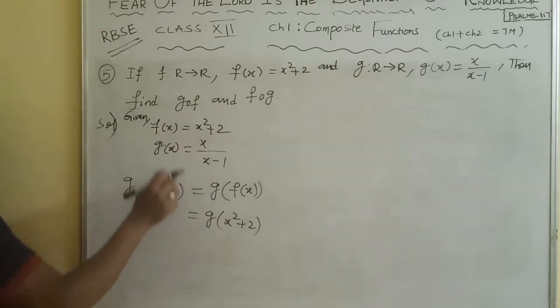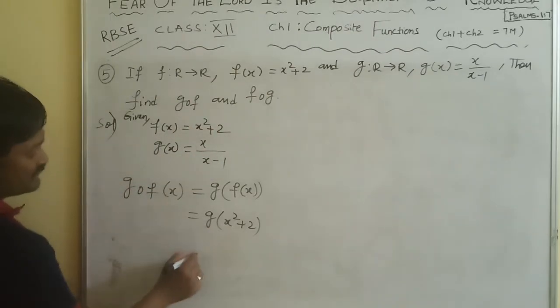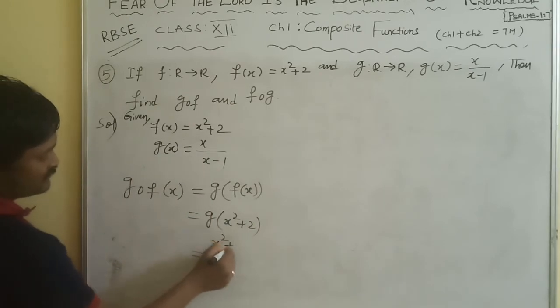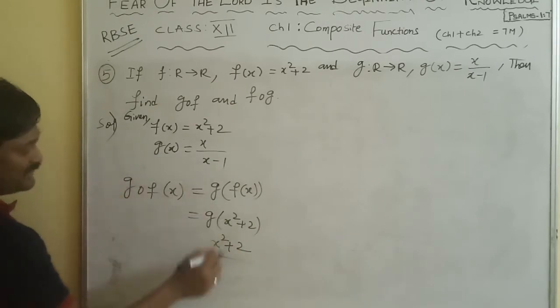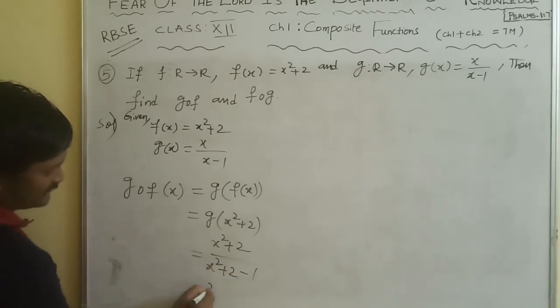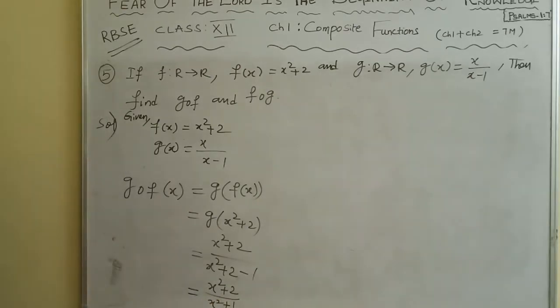We need to substitute x square plus 2, because here it is g of x square plus 2. So now x means what can I write? x square plus 2 upon, again x means x square plus 2 minus 1. So now we can write x square plus 2 upon x square plus 2 minus 1 plus 1. So this is your g circle f of x.